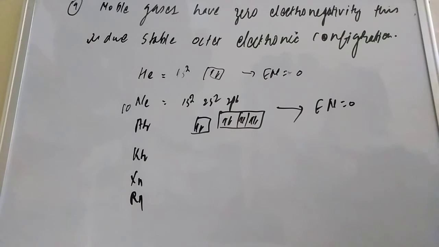So in noble gases, if the configuration is stable and the octet is completed, electronegativity will be 0.